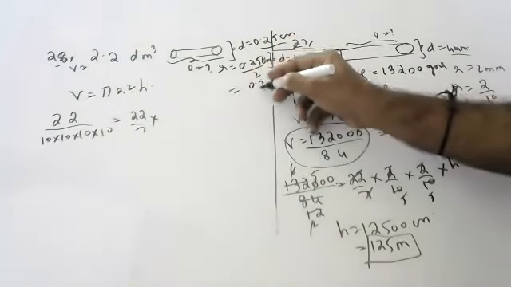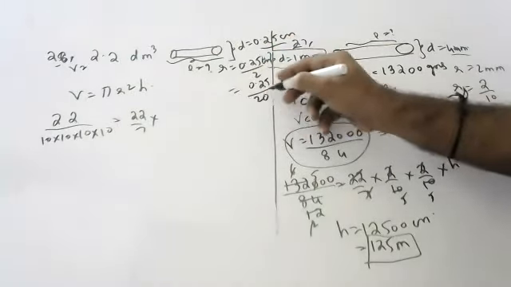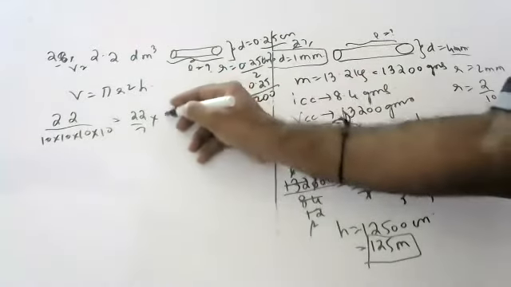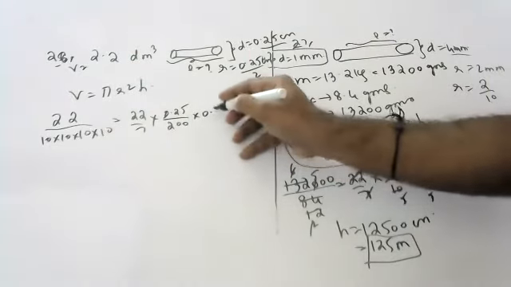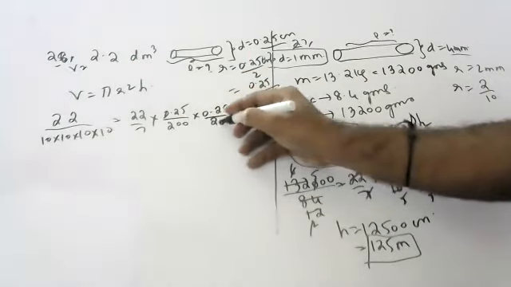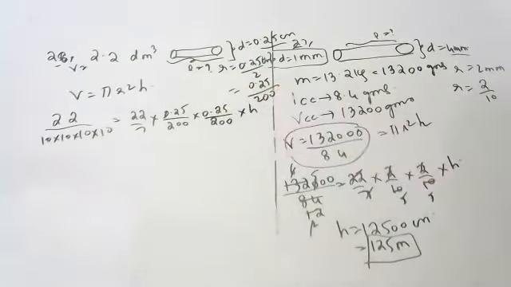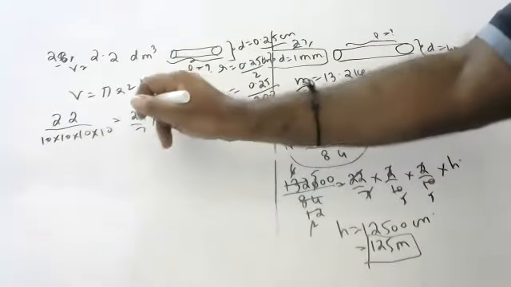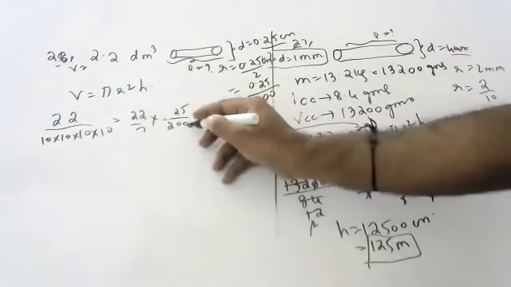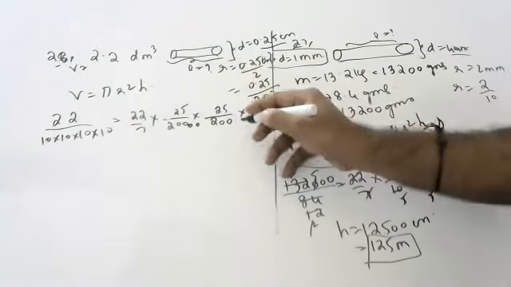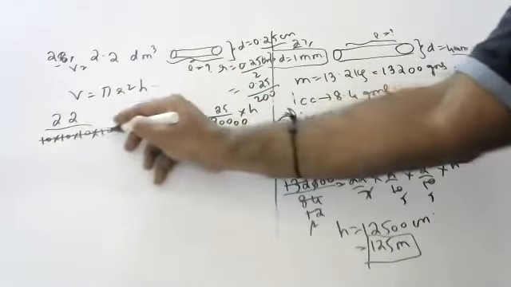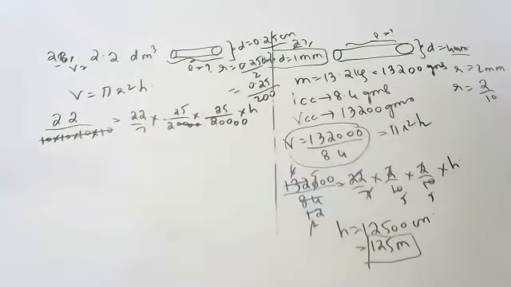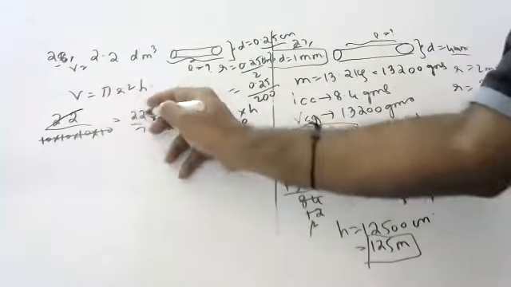By 100. So 0.25 by 200 into h. This you have to find. If you remove this point also, two more zeros will come. Four zeros gone. This 22, this 22 gone. Okay, you are able to understand?